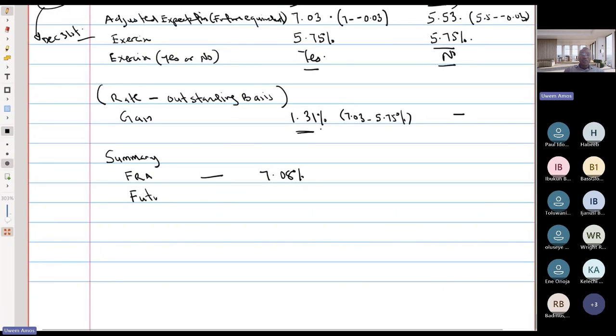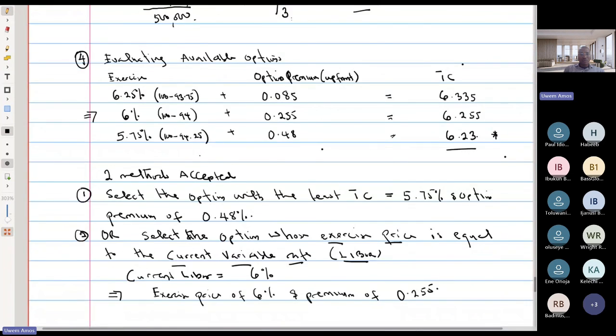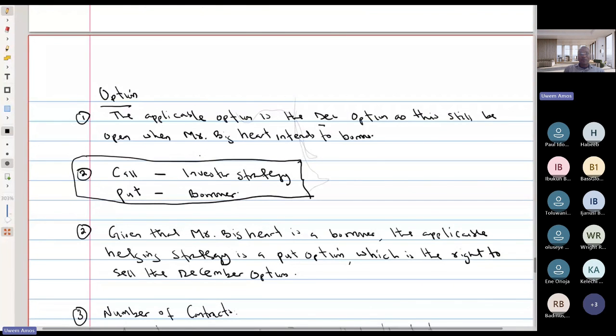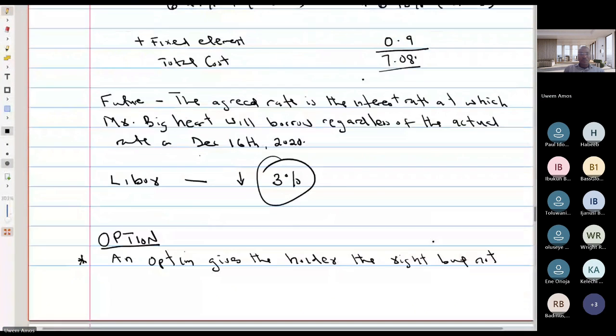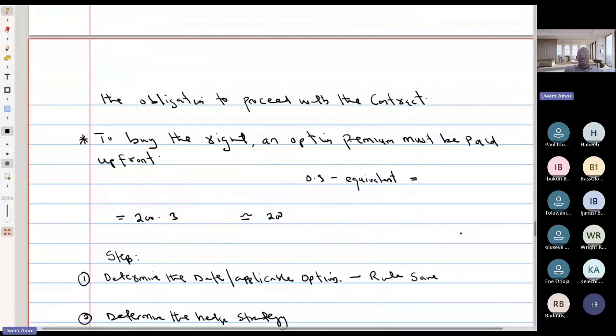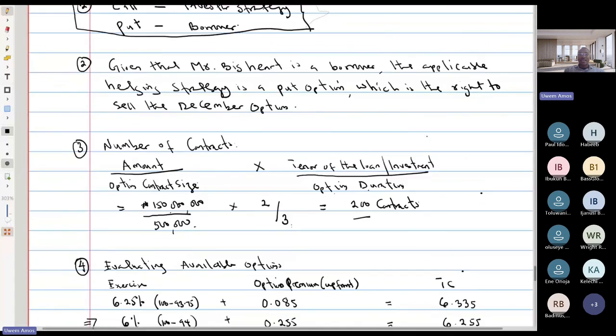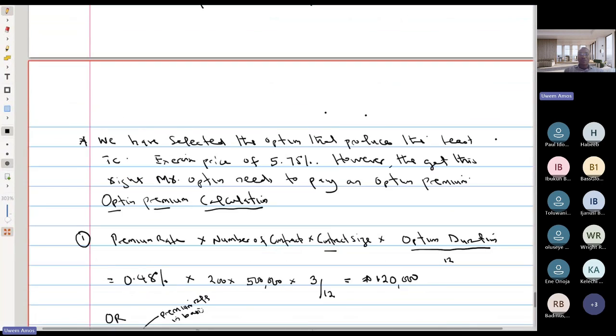If you had gone with futures, looking at LIBOR, the fixed element of 90 basis points is the same regardless of whichever decision you make. So for futures, what is the rate that we arrived at? 6.18% as our LIBOR. Forget the fixed element. That is the same for everybody, so it doesn't change our decision. 6.18%, that's what we have under futures.